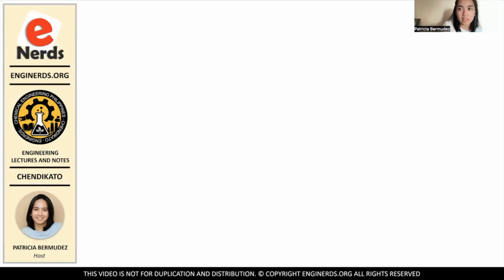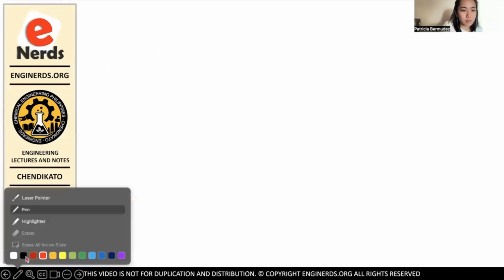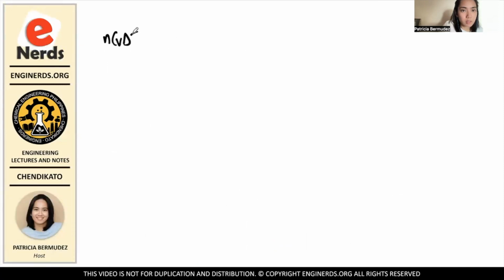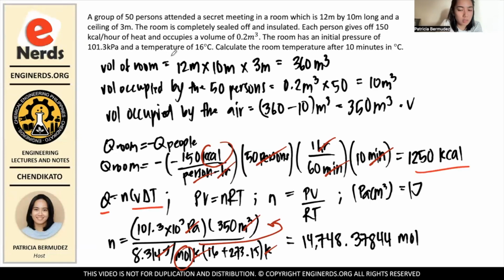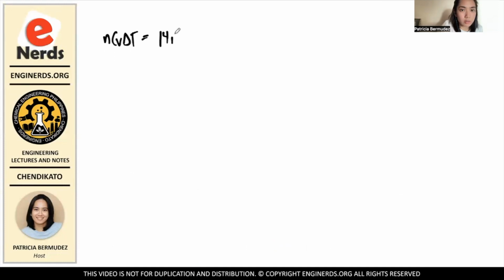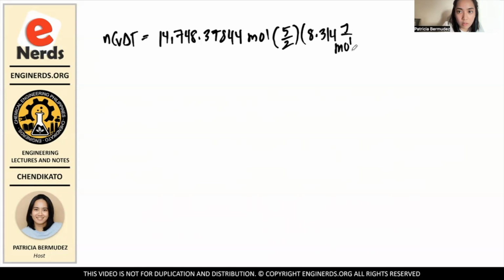So we first calculate nCv delta T. nCv delta T is equal to, what's the number of moles? 14,748.37844 moles times Cv, which is 5/2 R, and R is 8.314 joules per mole Kelvin, times T, which is T2 minus 16 Kelvin. All right.